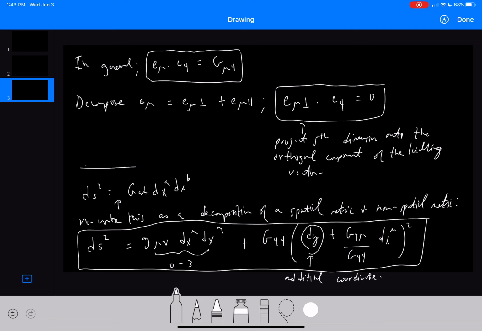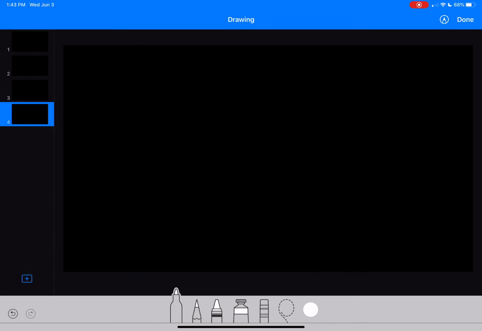So small g mu nu, if you remember from the way you do projections, you can think of as a projection tensor.